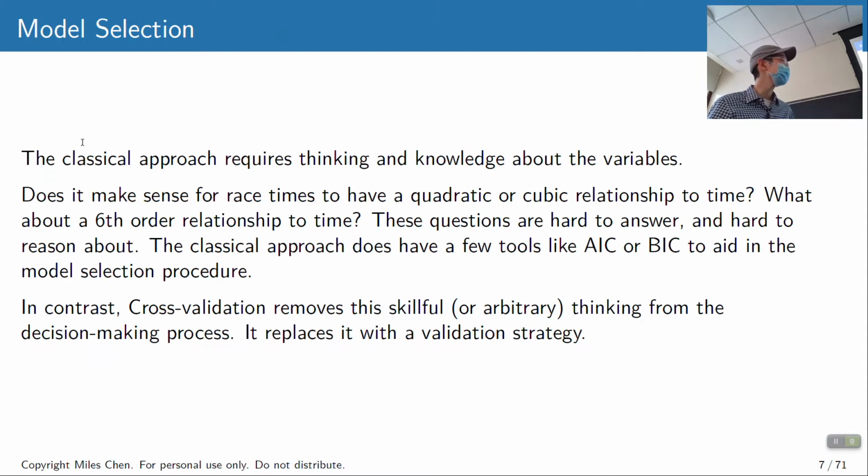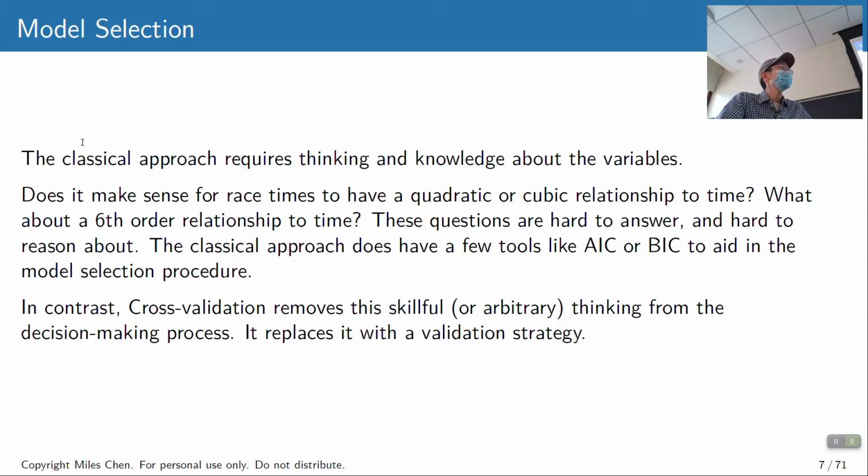And if that was our only guide, then what's going to happen is that the most complicated model will always get selected, right? The more terms you add, the more complicated your model becomes, and you can squeeze out a little bit more R squared. You can always squeeze out a tiny bit more R squared.